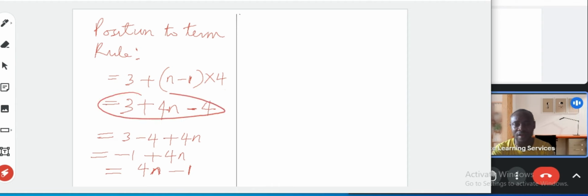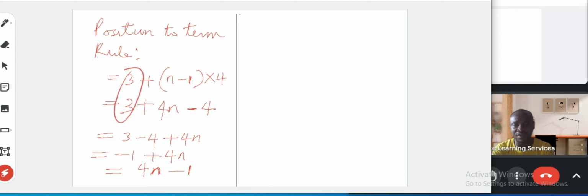So we now have 3 plus 4n minus 4. And then you collected like terms, 3 and minus 4. That gives 3 minus 4, which is minus 1, plus 4n. So this is the position to term rule: minus 1 plus 4n or 4n minus 1.